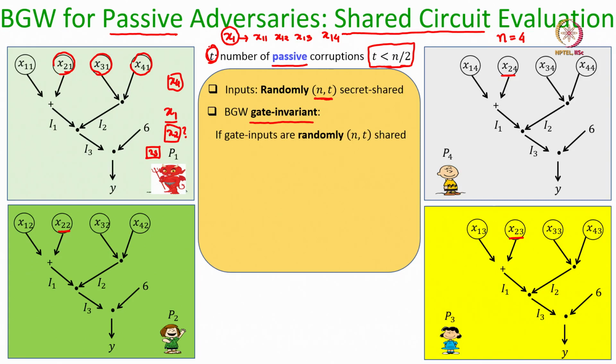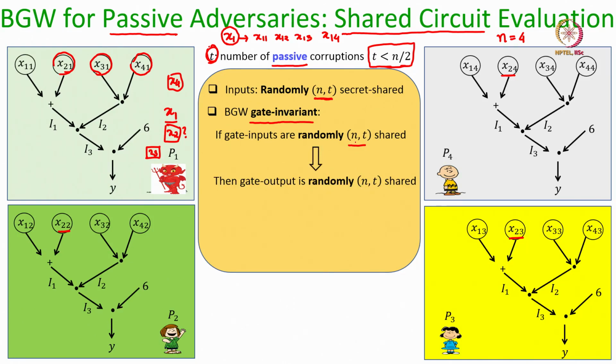They try to evaluate the gate in a secret shared fashion, where the gate invariant is the following. If the inputs of the gate are secret shared in a T out of n fashion, then the protocol ensures that the parties have a T out of n secret sharing of the gate output.